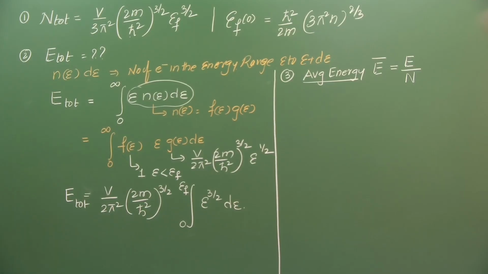Tell me how much average energy you are getting. I think the total energy you got is V by 5 pi square, 2m by h cross square whole power 3 by 2, EF power 5 by 2.